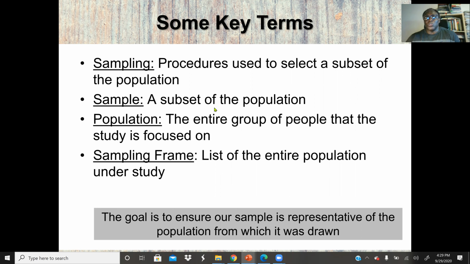So for example, we want to do a study in New York City to find out the average income for adult males between the age of 20 to 40. We have 4 million or 3 million population in New York City with that age category. So we don't want to take all the population data. Again, as we said, it is time consuming, a lot of money will be involved, the cost will be very high.